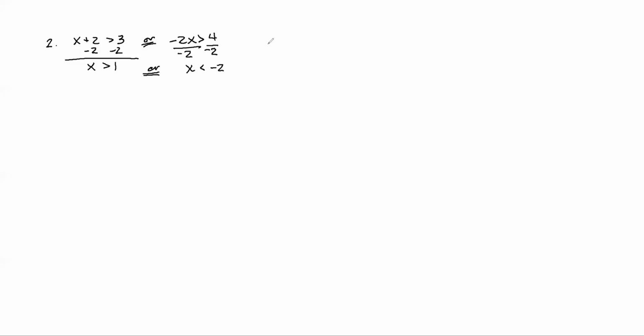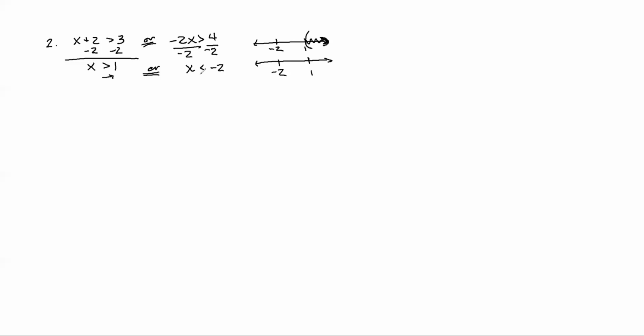Now, if we go ahead and graph these two separately, what numbers are we going to put? Well, we have a negative 2 and a 1, so I'll put negative 2 on the left, 1 on the right. And if we graph x is greater than 1, everything greater than 1 we're shading to the right with a parenthesis.